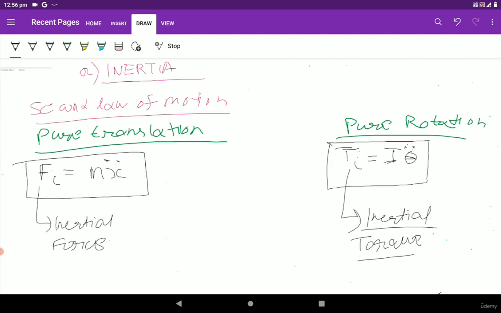The mass moment of inertia of a body about the axis passing through its center of mass is always minimum. Let me write it, otherwise you are not going to take it down.